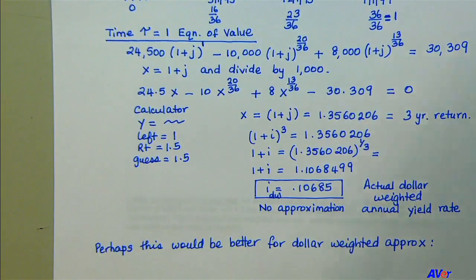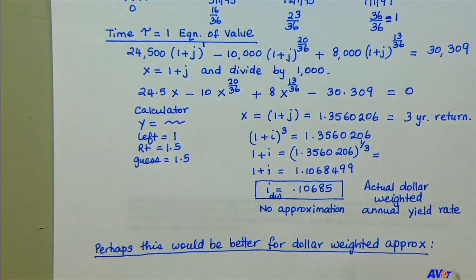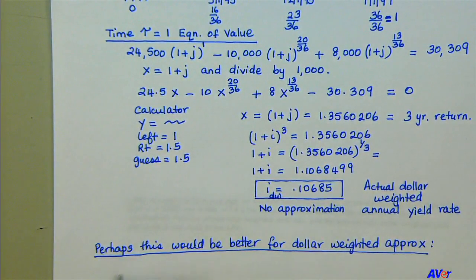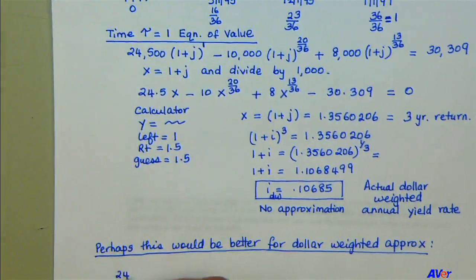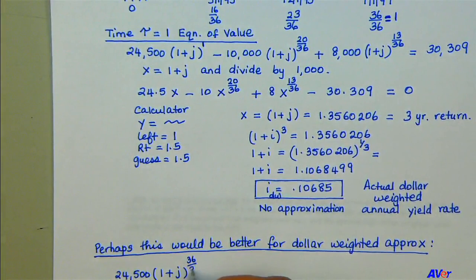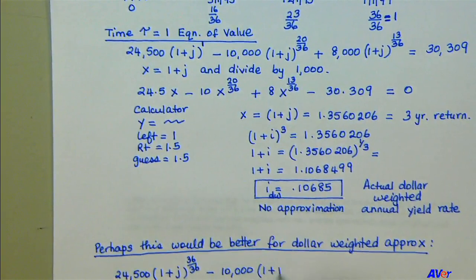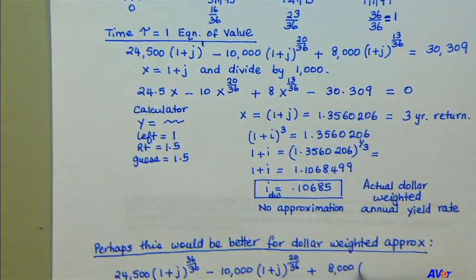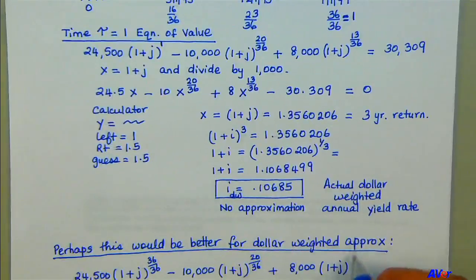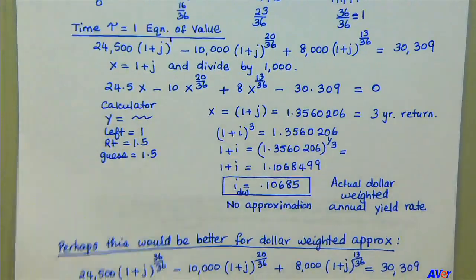You kind of lose that when you use the A and the B and the I. So could I not say 24,500 times (1 plus j) to the 36 over 36, minus 10,000 (1 plus j) to the 20 over 36, plus 8,000 (1 plus j) to the 13 over 36, equals 30,309. That's what I have up here. That's the actual one, right?